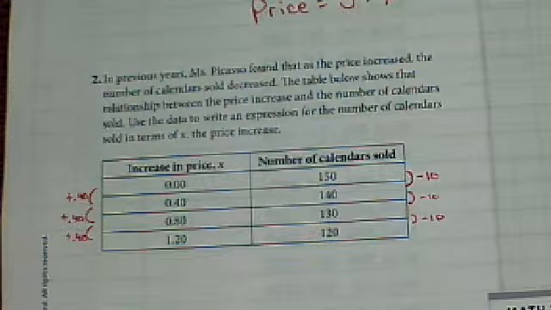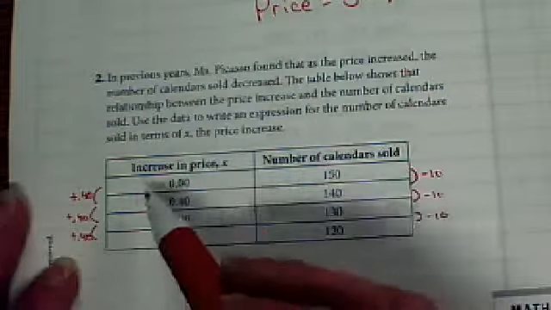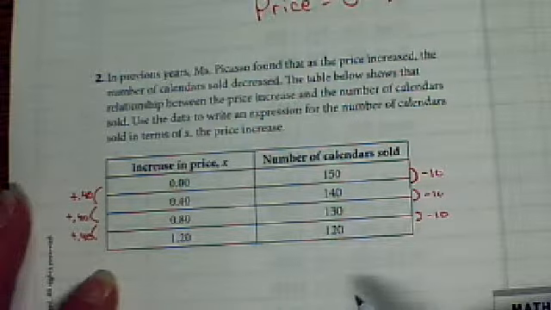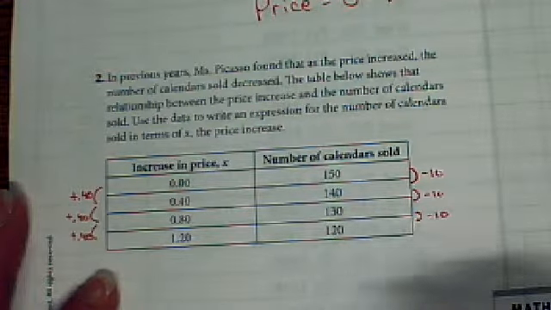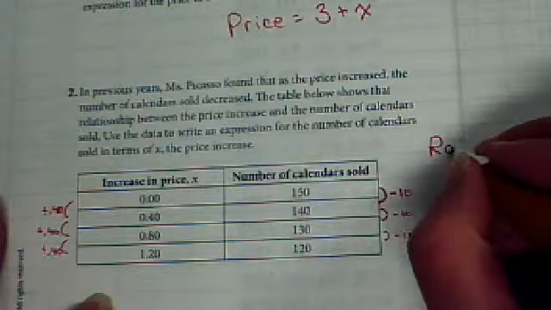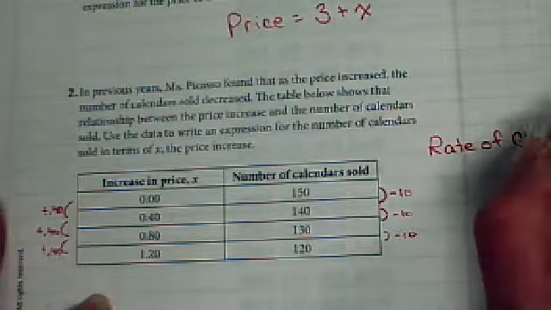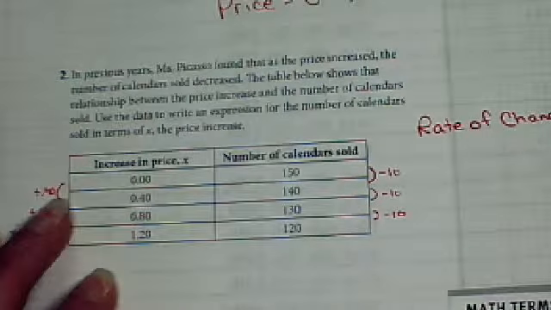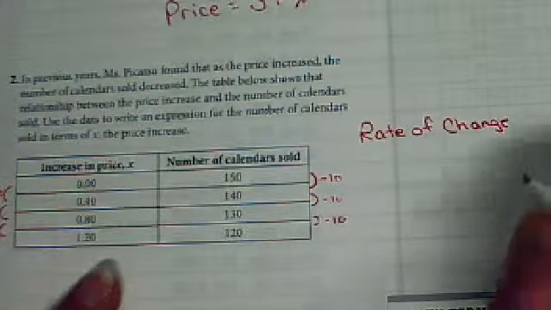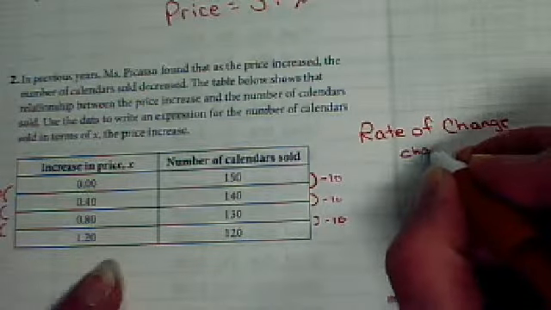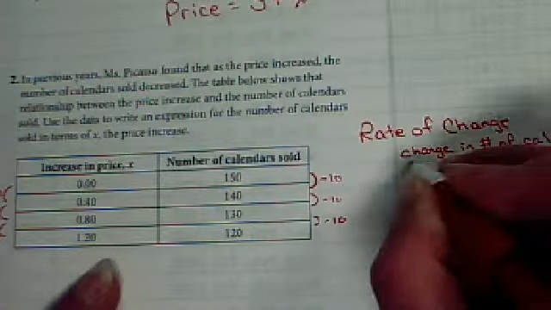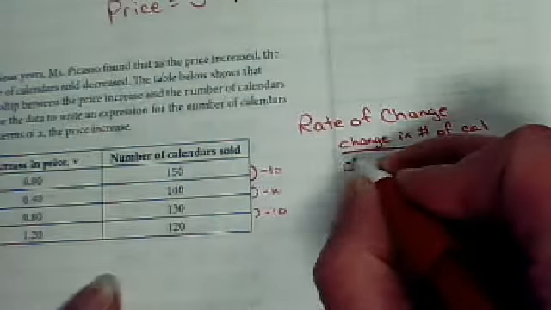So let's think about this. For each increase in price, we're actually going down here. So think about the rate of change, or what would be maybe our slope, but our rate of change. How much the number of calendars are changing over how much the change in price is. So the change in the number of calendars divided by the change in price.